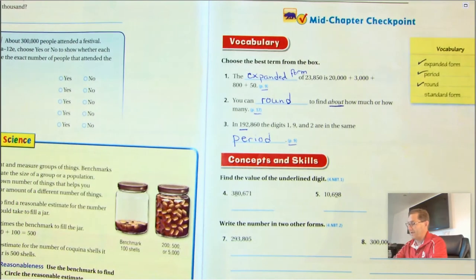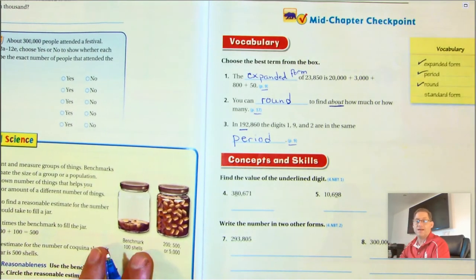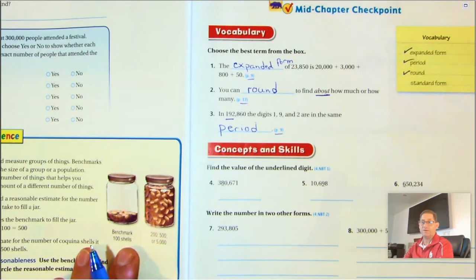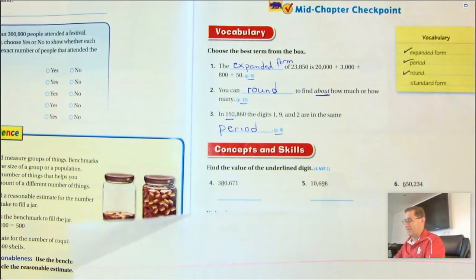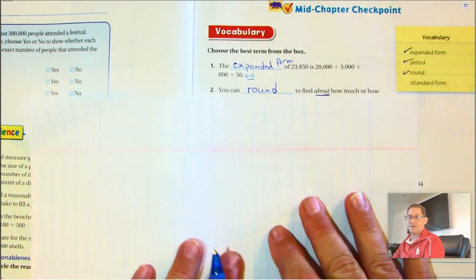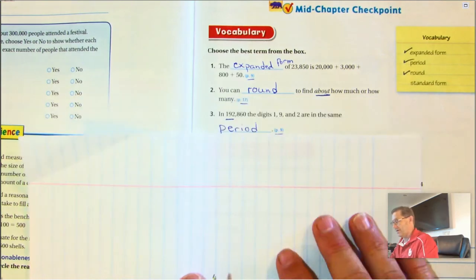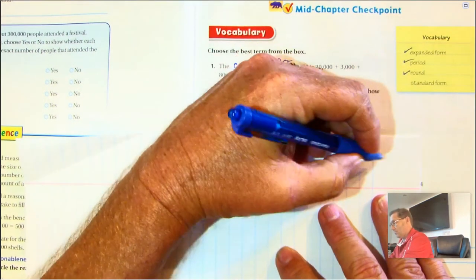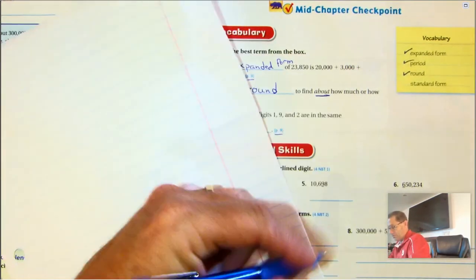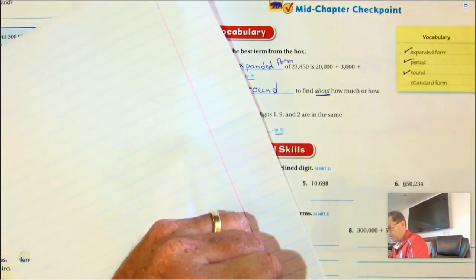Number 4, find the value of the underlined digit. Okay, so now when we get started on this, we need to be able to make a place value chart if we get confused. So I want you to be able to do this on your own.